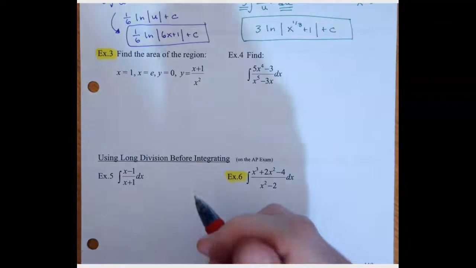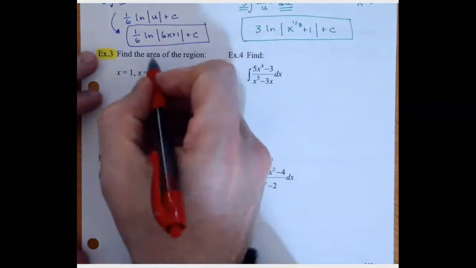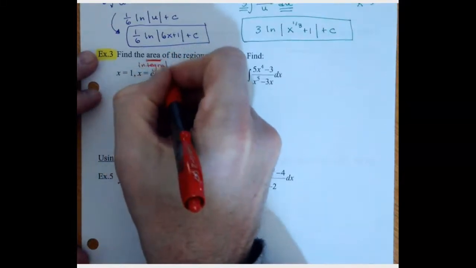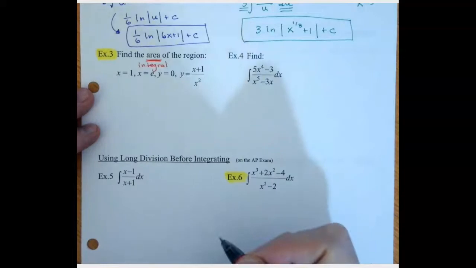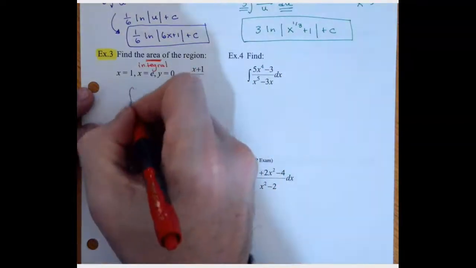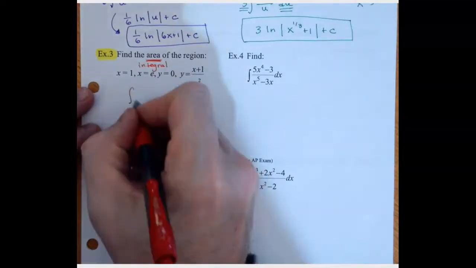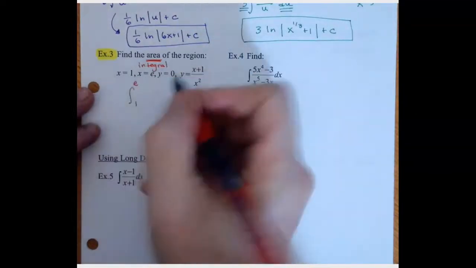Okay, so find the area. So first of all, area is synonymous with integral, hopefully, just like slope, tangent, derivative. So integral, area. So we want to find the integral of that. So we're going from 1 to e here.